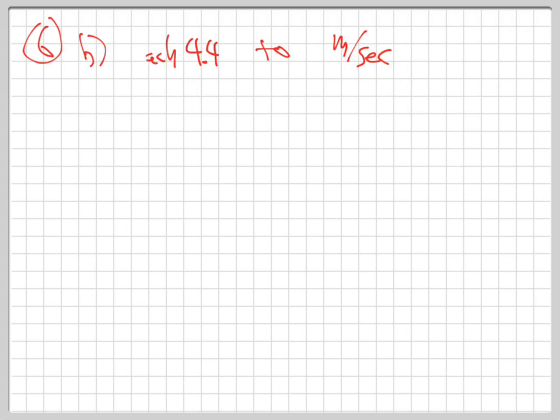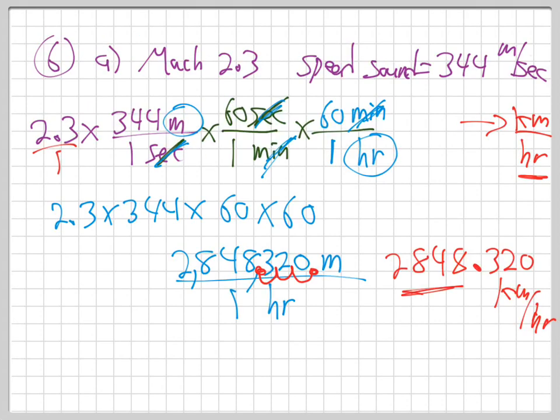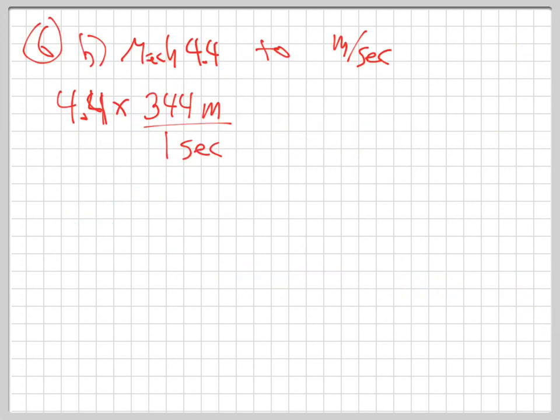So Mach 4.4 means 4.4 times the speed of sound. What's the speed of sound? 344 meters per 1 second, right? Right there. Meters per 1 second. That's the speed of sound. And we want to go to meters per second in the end.